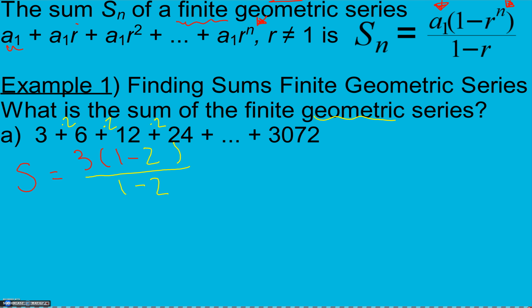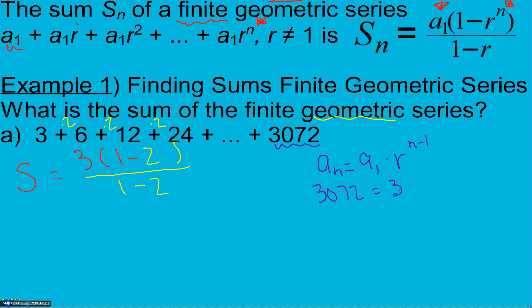And just like we did on the arithmetic series, we're going to use our geometric sequence formula to find it. So a sub n equals a sub 1, our first term, times our common ratio raised to the n minus 1 power. Here, we're looking for n, but we know our nth term is 3072.